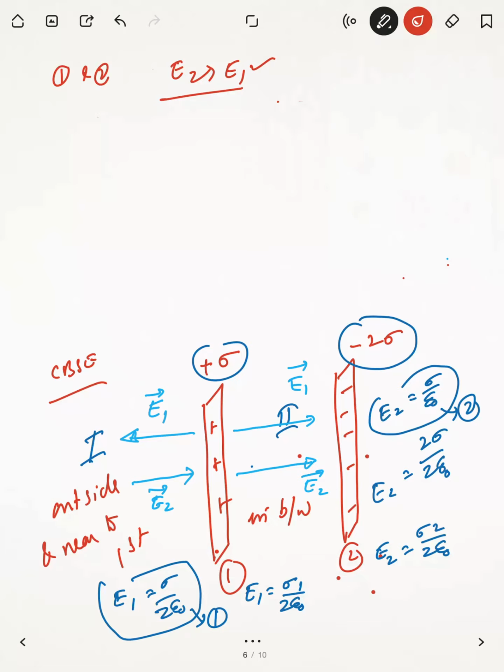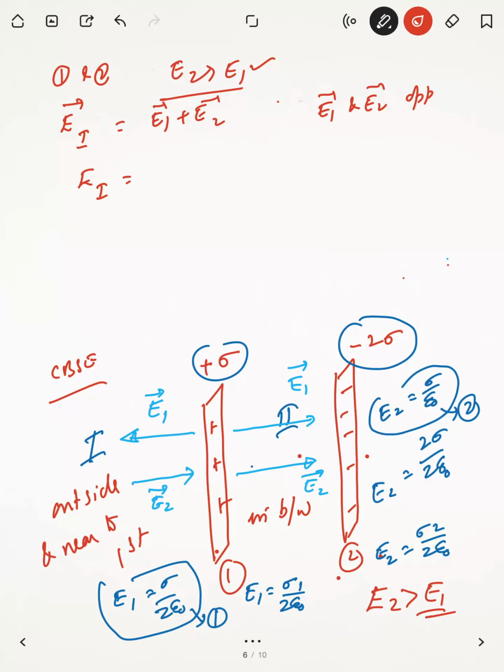In the first region, outside and near the first sheet, E1 and E2 are in opposite directions. So the magnitude in the first region is the difference of these two. E2 is greater than E1, so we write E2 minus E1, and the direction is that of the E2 vector, toward the right side. Substituting, E in the first region is E2, sigma by epsilon 0, minus E1, sigma by 2 epsilon 0.